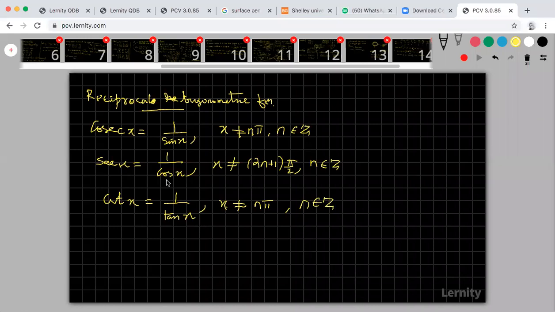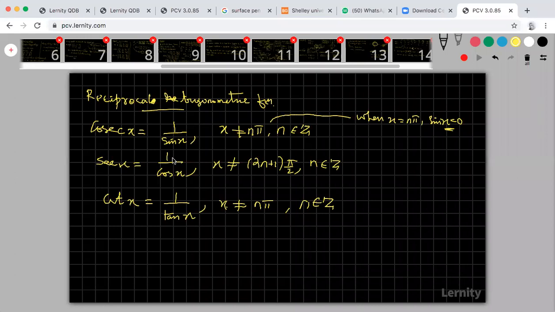Please note that these are the reciprocal trigonometry functions. Reciprocal of sin x, reciprocal of cos x, reciprocal of tan x are defined as cosecant x, secant x, cot x. Because we have already told that if x is equal to n pi, what is my sin x? My sin x is 0. If it is 0, then 1 by 0, what is the answer? It is undefined. Cosecant x is undefined.